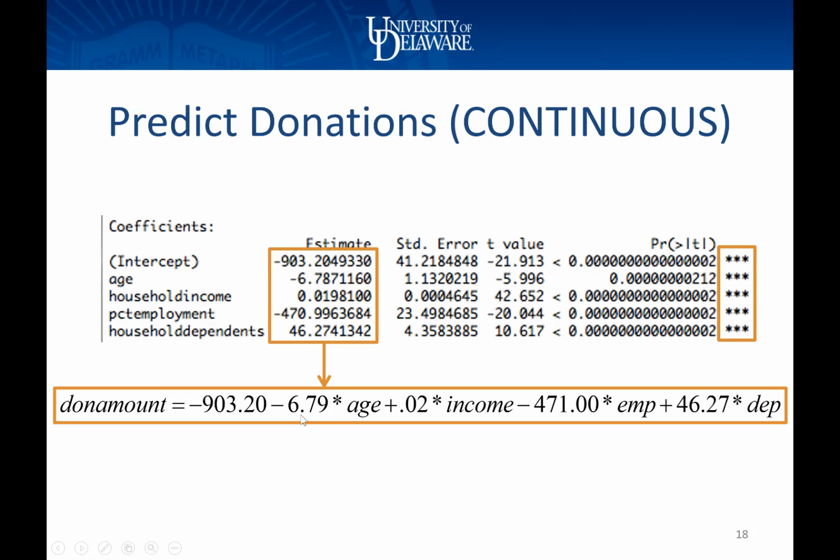It's interesting that when your age is 0 and your income is 0 and you're not employed and you don't have any dependents, you're expected to donate some negative amount of money. That's really impractical, but so is having someone in the data set that's got an age of 0. So it's not really uncomfortable, it's just something to notice. I also see directly that age would decrease the expected donation amount, income increases the expected donation amount, etc.